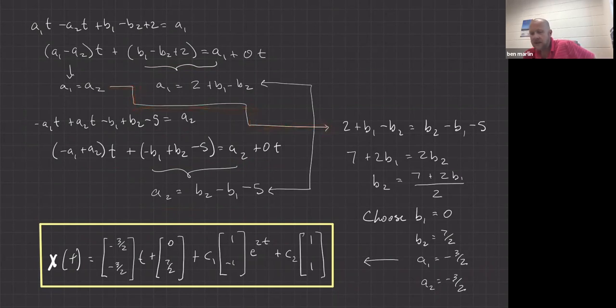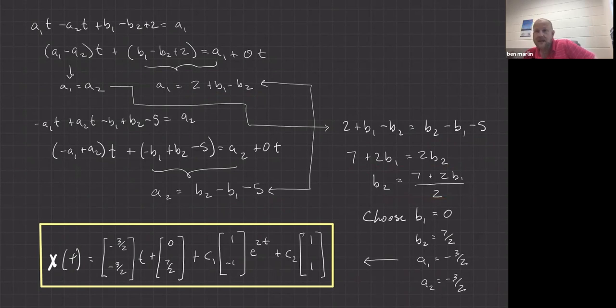So once you've got that, you have to remember, and I drew kind of a jagged line here, a1 has got to be equal to a2. That means this thing and this thing have to be equal. And so we start trying to solve that. I was worried at first that I was going to accidentally eliminate all my variables and just be completely out of luck. But as you go along with this, it turns out that your B2 needs to be 7 plus 2B1 over 2.